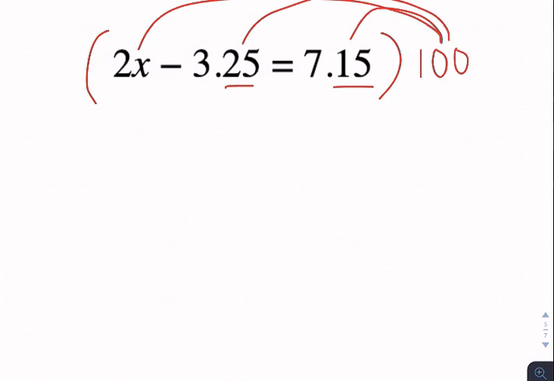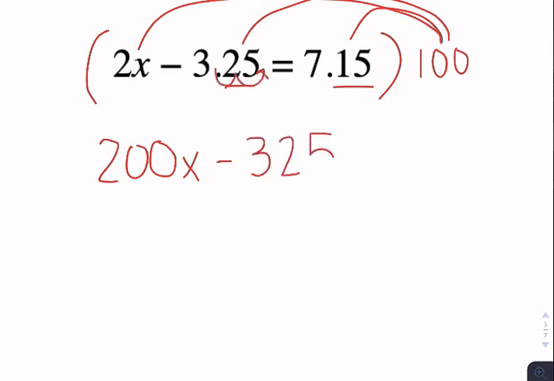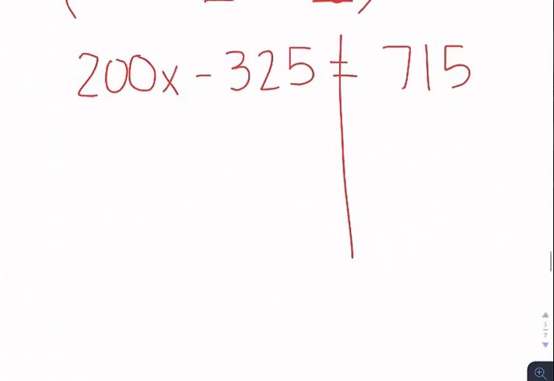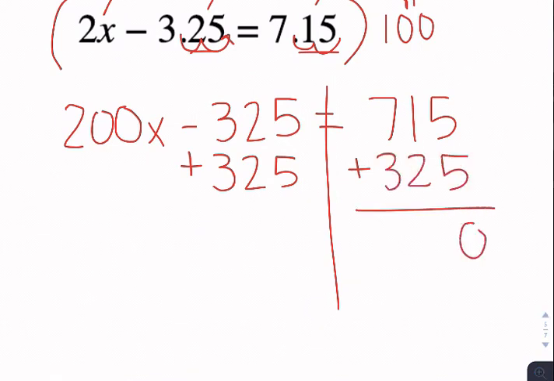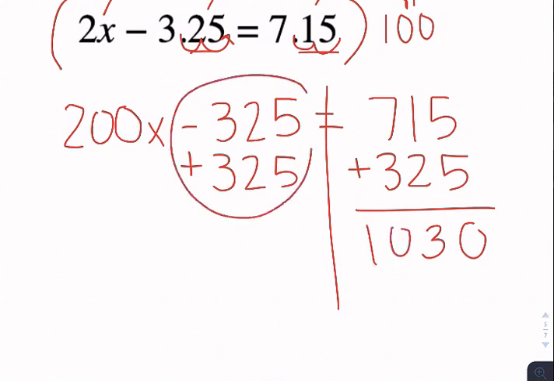So 100 times 2x is 200x. Moving our decimal over twice, I'm going to subtract 325. Moving it over twice, I'm going to get 715. Now I solve just like normal. Add 325 to both sides. And we have a 0 pair here.